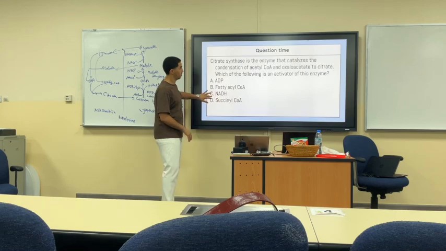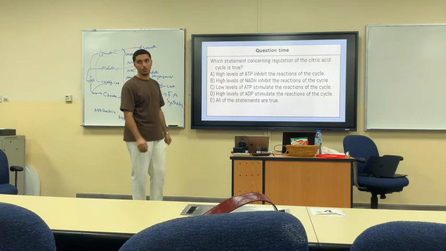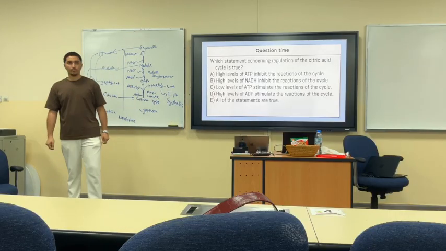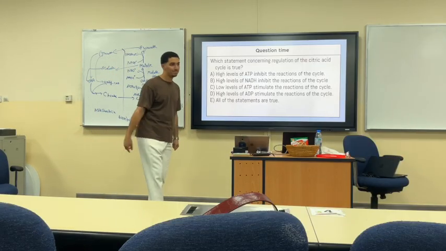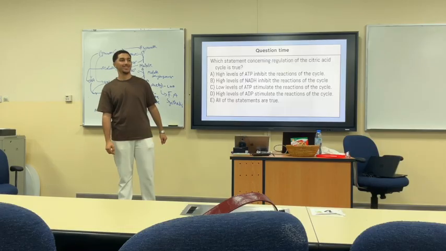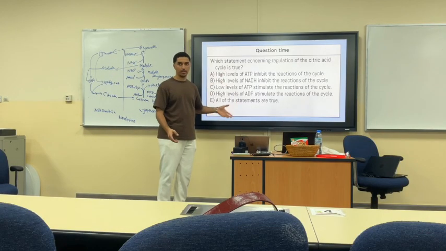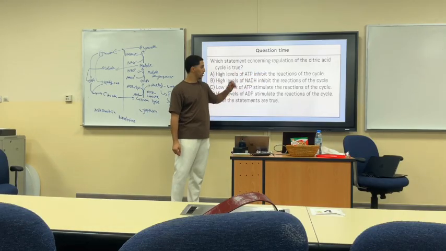Which statement concerning regulation of the citric acid cycle is true? Correct, because high levels of ATP indicate that we have a high amount of energy, so it is going to inhibit the reactions of the cycle.